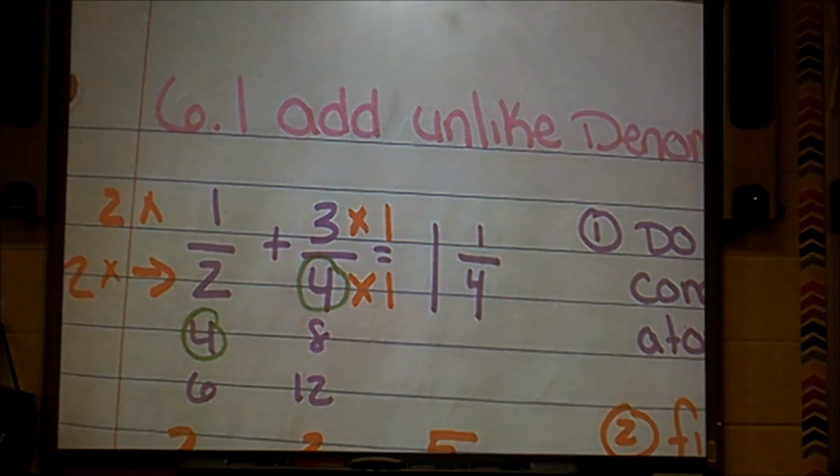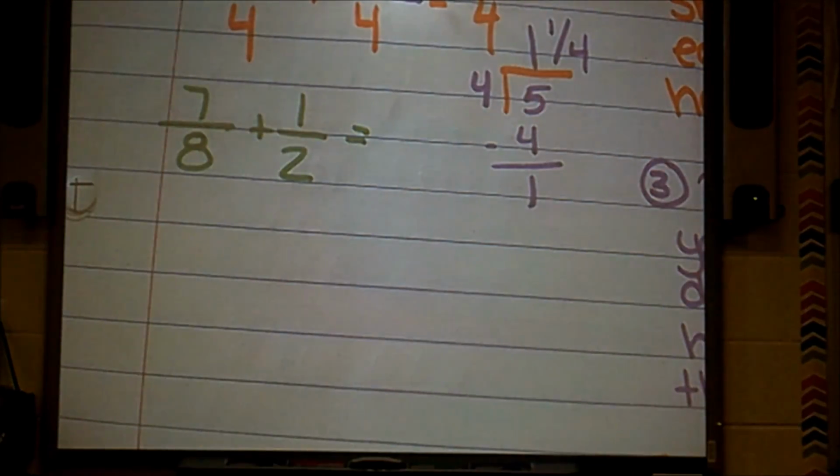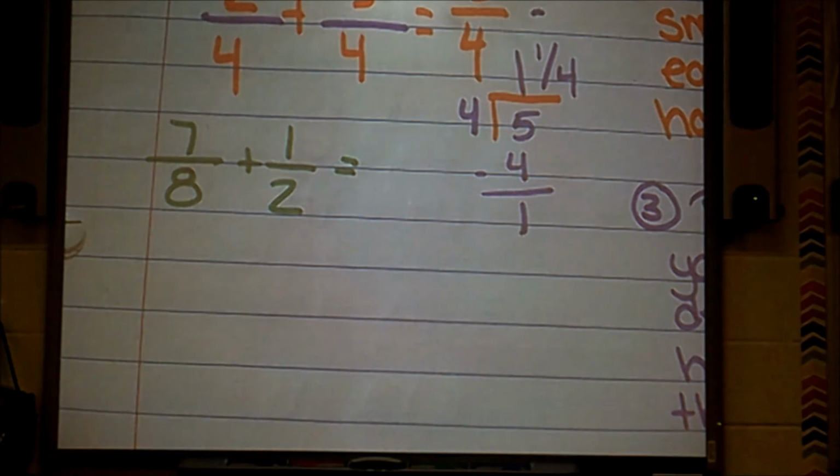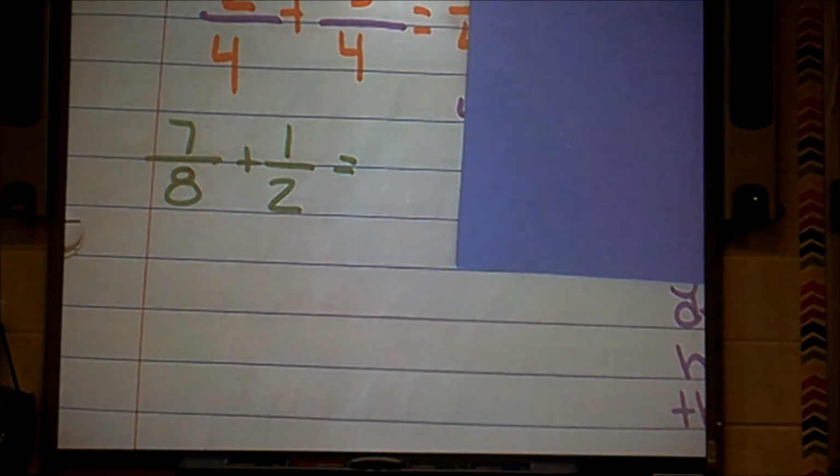Let's try another problem. Here's my problem. 7/8 plus 1/2. So again, I'm going to ask myself, do I have common denominators? Well, the answer is no, I do not. So I have to work to get that.